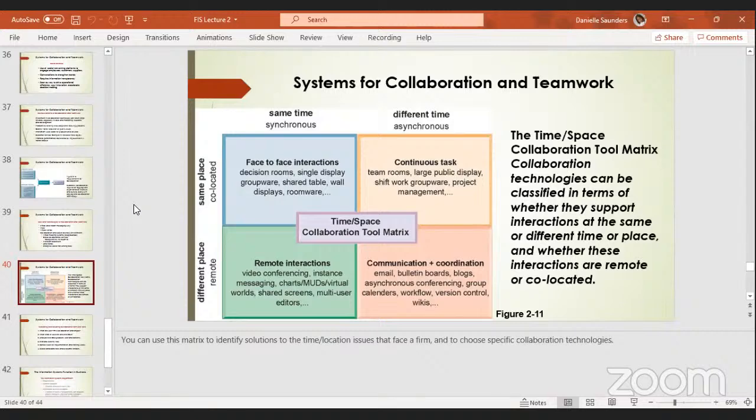Same time, same place, collaboration systems. Then we have remote systems that are at the same time, like what we're doing right now. We're all in our classroom, basically doing this remotely, but I'm actually streaming on YouTube, which people will be able to watch after the fact.